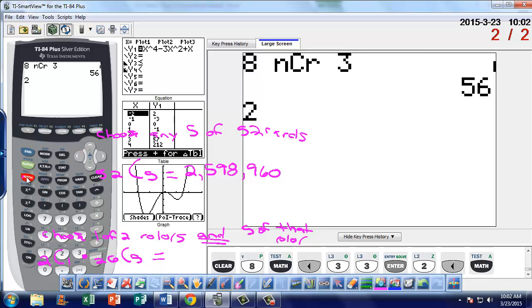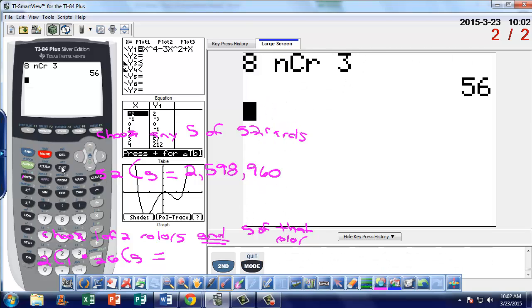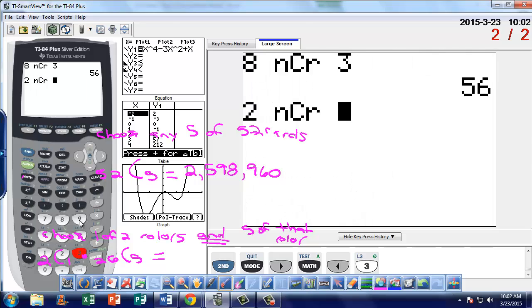So up here, we're going to do 2 times, then Math, scroll over, go down to number 3. 1 times 26.